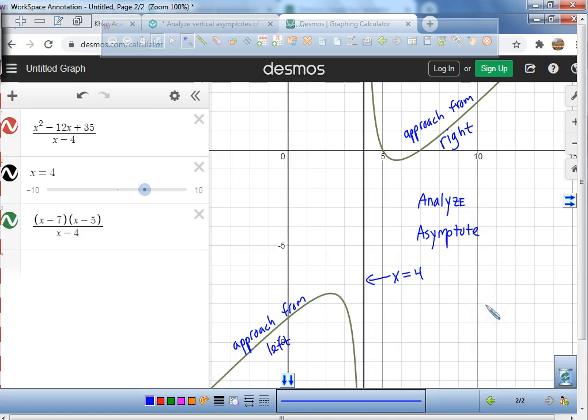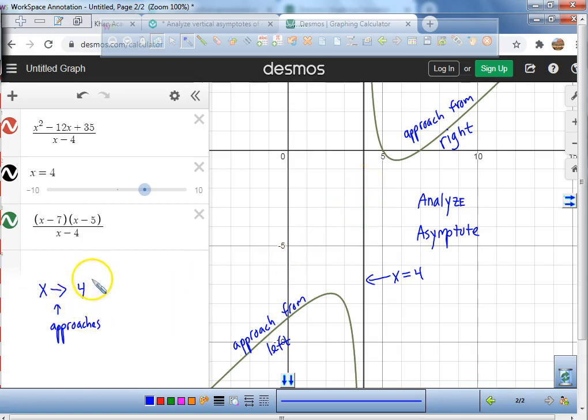All right? So, what does it mean to approach? If I say x approaches 4, now right here, that arrow means approaches. So this means as x approaches 4, well, it depends on which side.